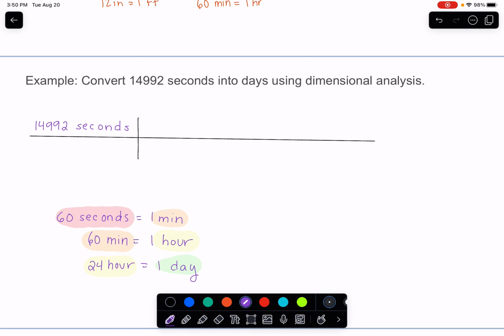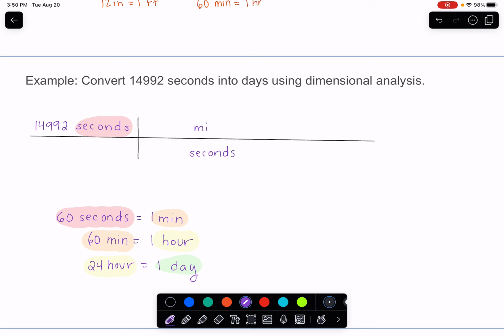So the first step to go from seconds to days is to change seconds into minutes. And I know from below that 60 seconds is equal to 1 minute. I know that I need seconds to cancel out. That is the unit that needs to go away. And the units will cancel out if it is on the top and on the bottom. So to get seconds to cancel out, I'm going to put it down here.